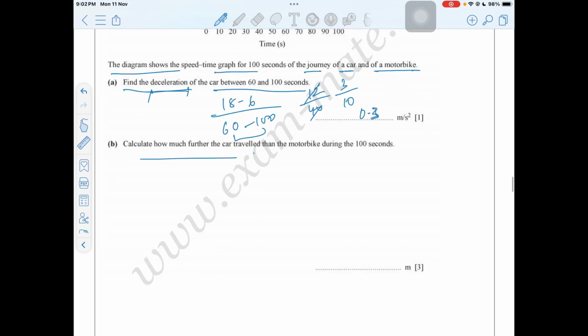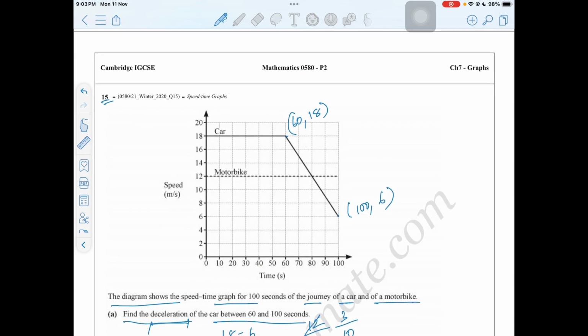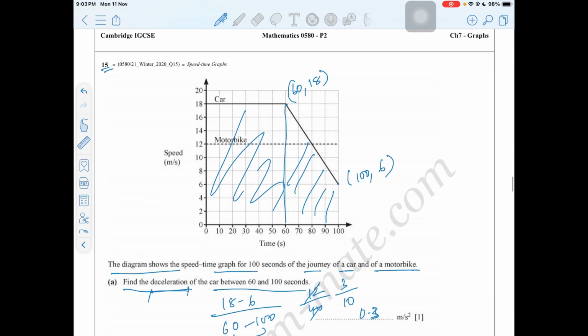Calculate how much farther the car traveled than the motorbike during the first 100 seconds, right? So we calculate the area of car, then we subtract the area of motorbike from it to know how far the car has traveled, right? For the area of car, we'll be using a trapezium, I guess. This is the trapezium and this is, I guess, a rectangle.